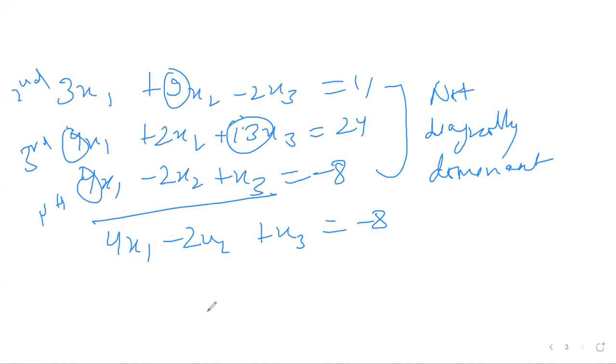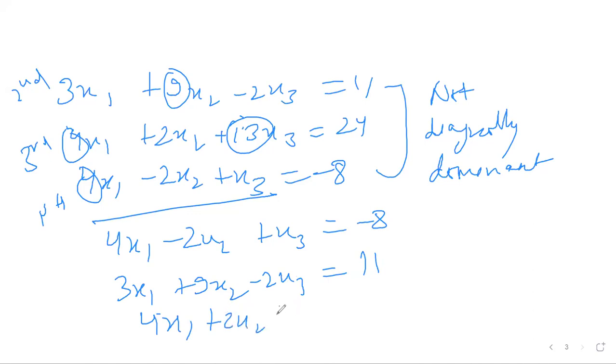Your second equation will be 3x1 plus 9x2 minus 2x3 is equal to 11, and the last equation is 4x1 plus 2x2 plus 13x3 is equal to 24.